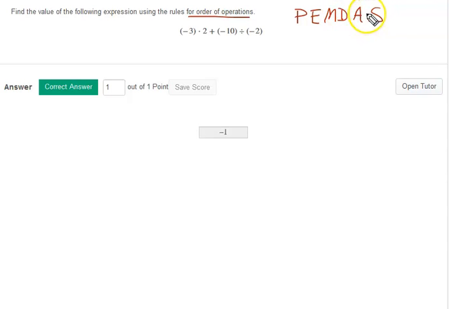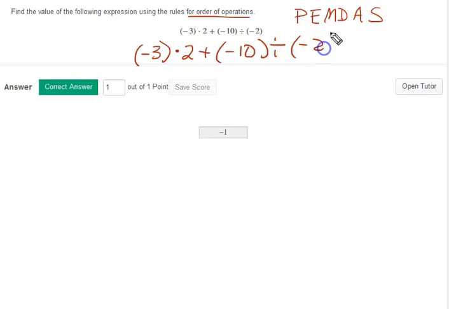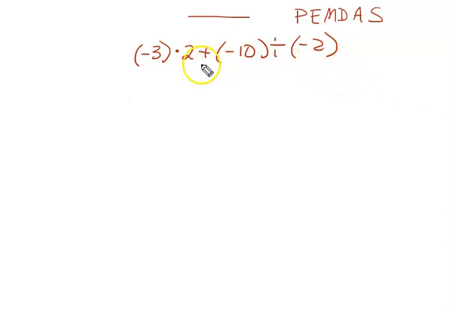And then finally you do addition subtraction from left to right, whichever comes first. So let's write this out and see what we need to do here. -3 times 2 plus -10 divided by -2. We'll go to the whiteboard here.